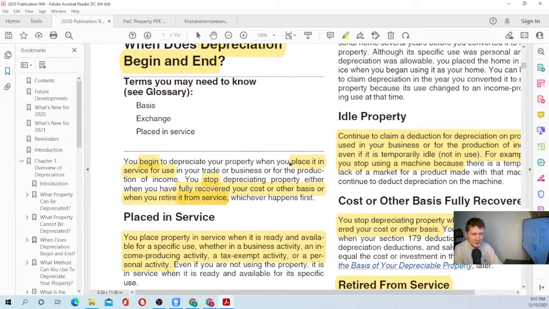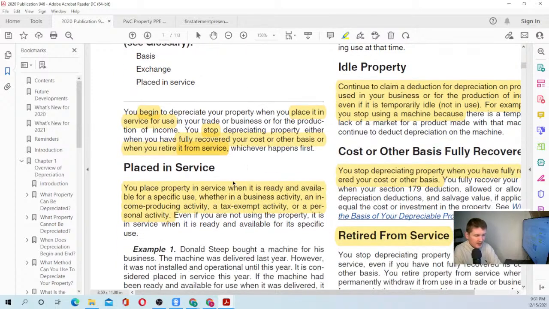So we start when we place it in service, not when we actually start to use it, but when it is ready to be used in the business. And we stop depreciating property when we have fully recovered our cost or other basis, or when we retire the item from service. So basically the same approach as in accounting.